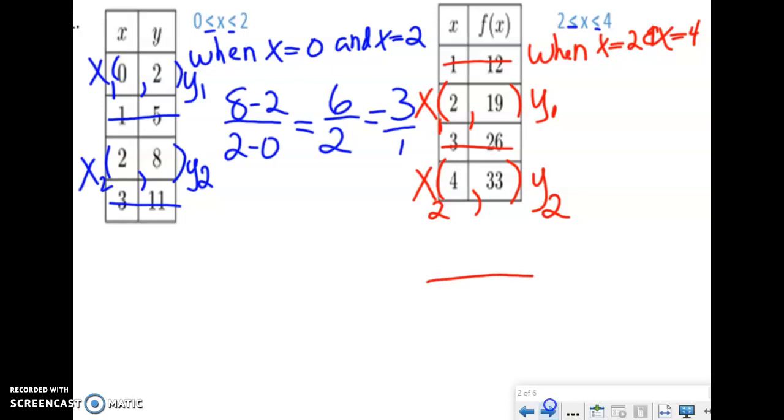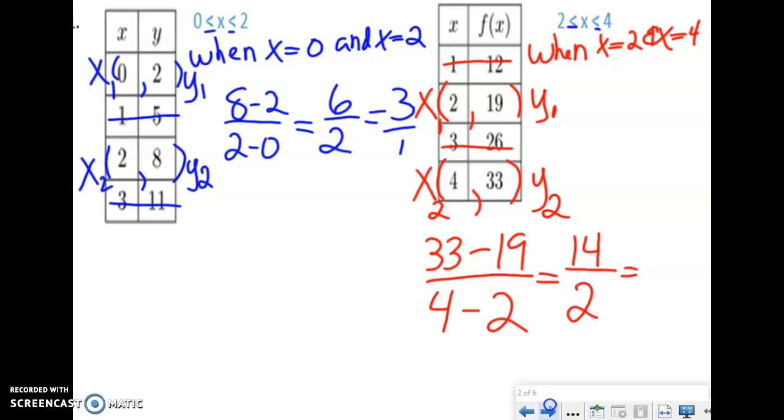So let's go ahead and do y2 minus y1, the second y value minus the first, and the x2 minus the x1, 4 minus 2, and we're on our way. 33 minus 19, how about 14? 4 minus 2 is 2. Go ahead and divide for 7. All right, in simplest form, unit rate form, 7 over 1. So that's why we want to get it down to per 1, easier to compare numbers with.